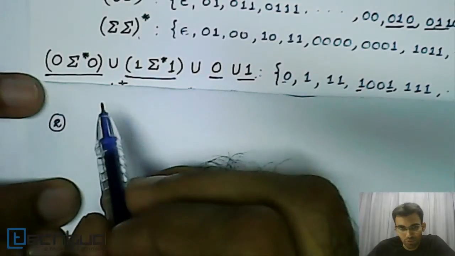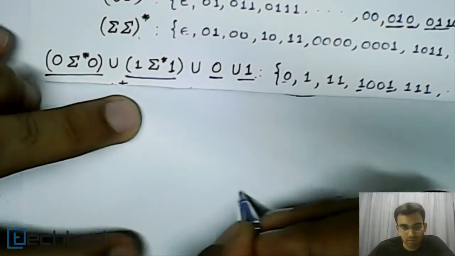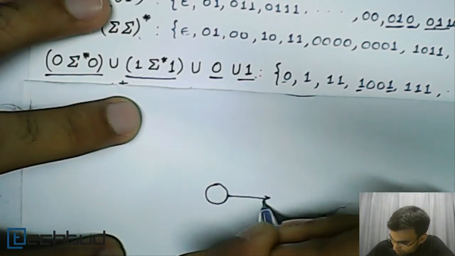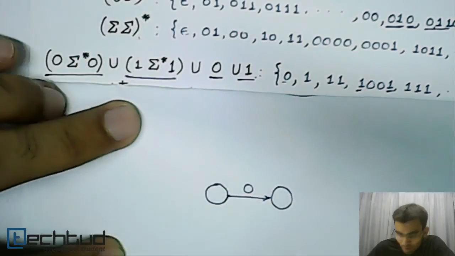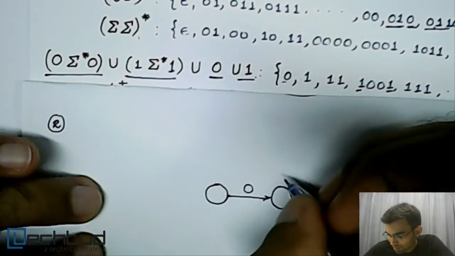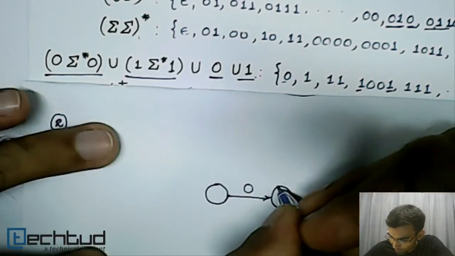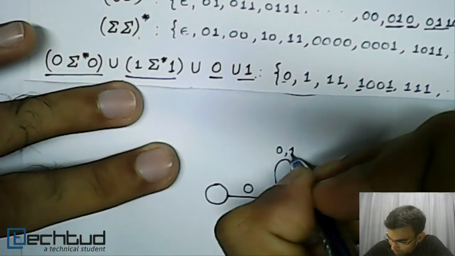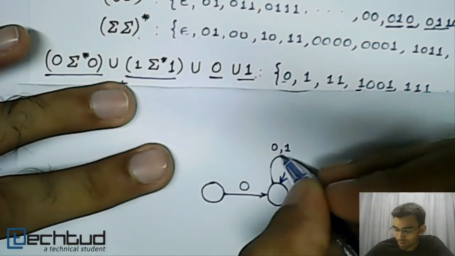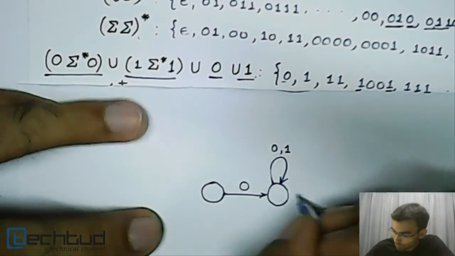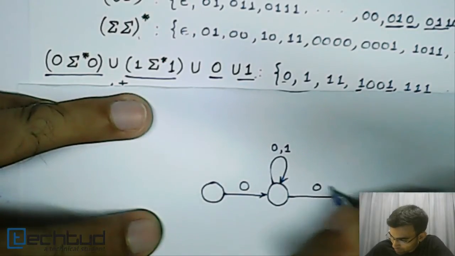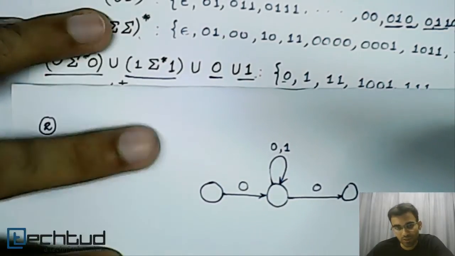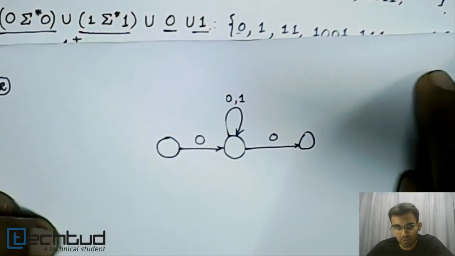So we have 0 followed by 0 followed by 0 or more occurrences of any symbol in sigma, right? So if sigma contains 0 and 1, I can have 0 and 1 on the transition. The comma indicates OR here, followed by a single 0. The other automaton we have to draw is for 1 sigma star 1, which we draw in a similar fashion.